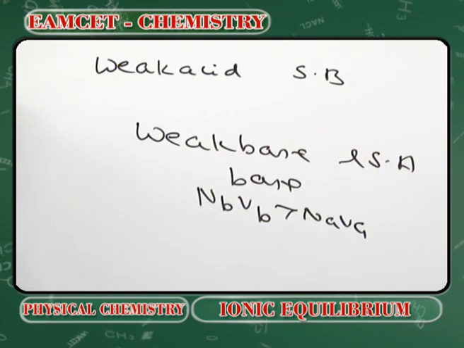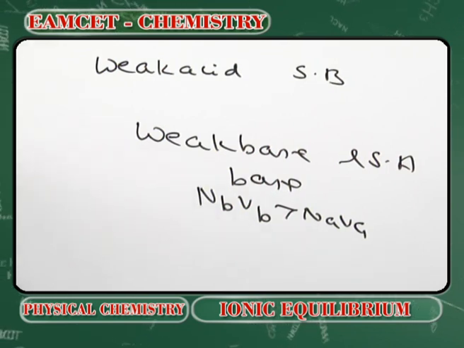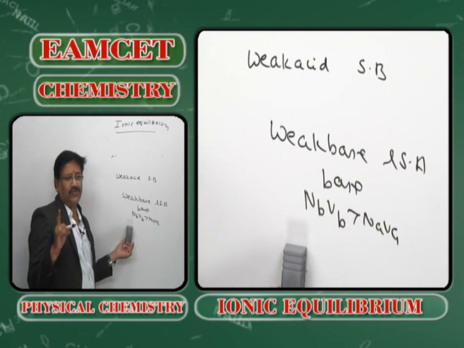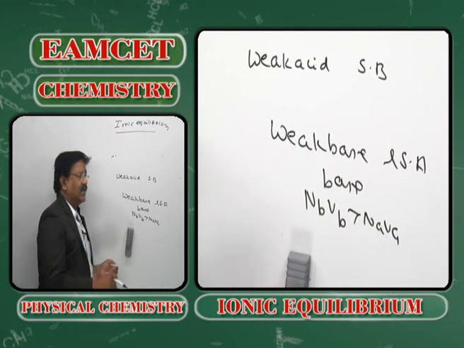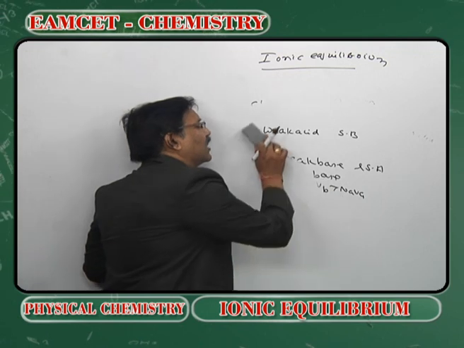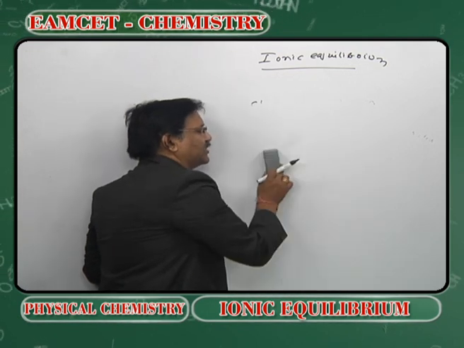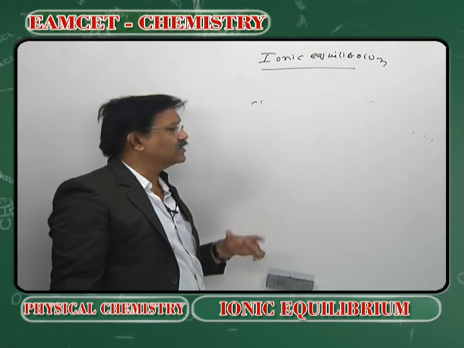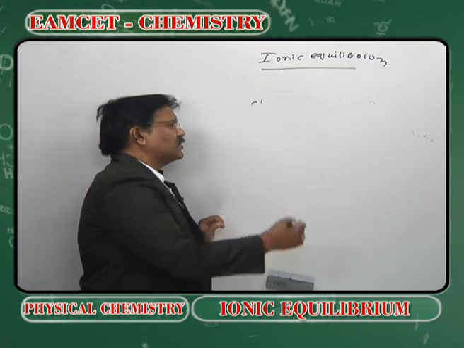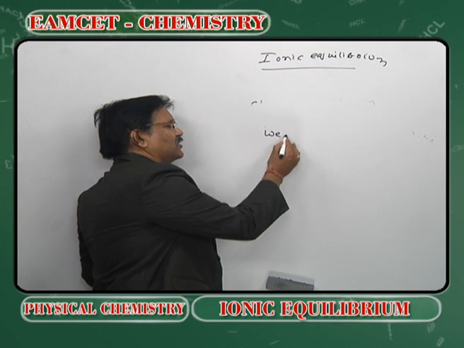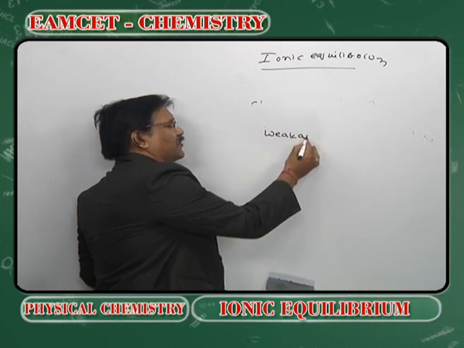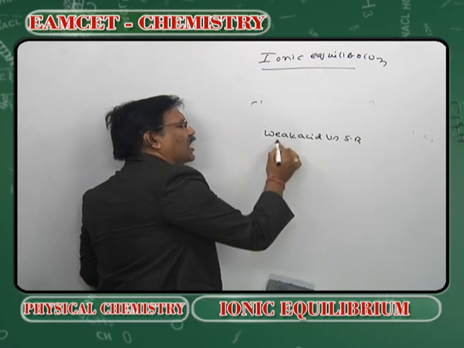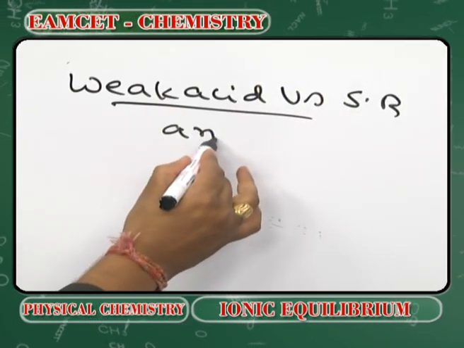Neutral buffer can be acted by solutions of salts produced due to the neutralization of weak acid and weak base. And the other important point is salt hydrolysis. Solutions of the salts produced from weak acid versus strong base undergo anionic hydrolysis.